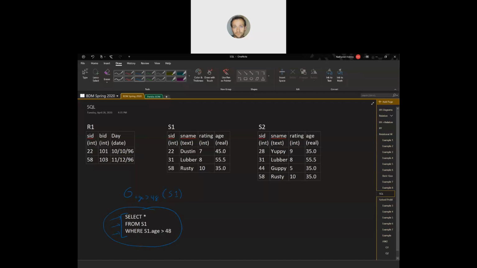So even though I'm writing them on different lines, these are not different entities. The whole thing is a single SQL select statement.